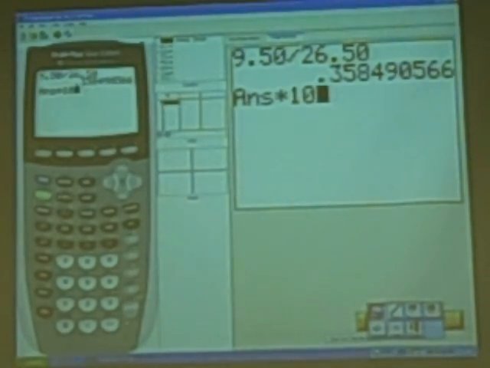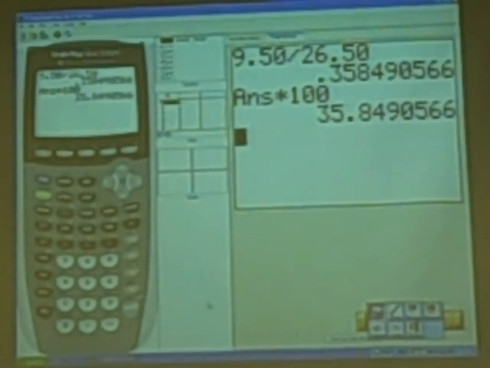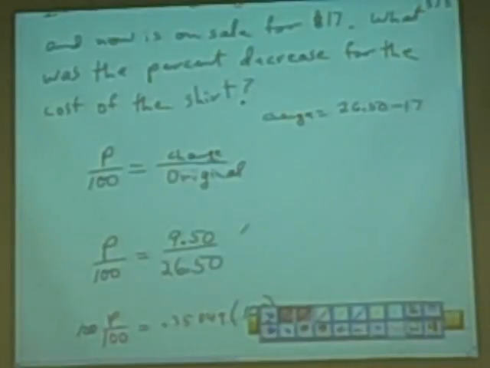But you could have just as easily moved the decimal point over 2 places, so that's 35.849.